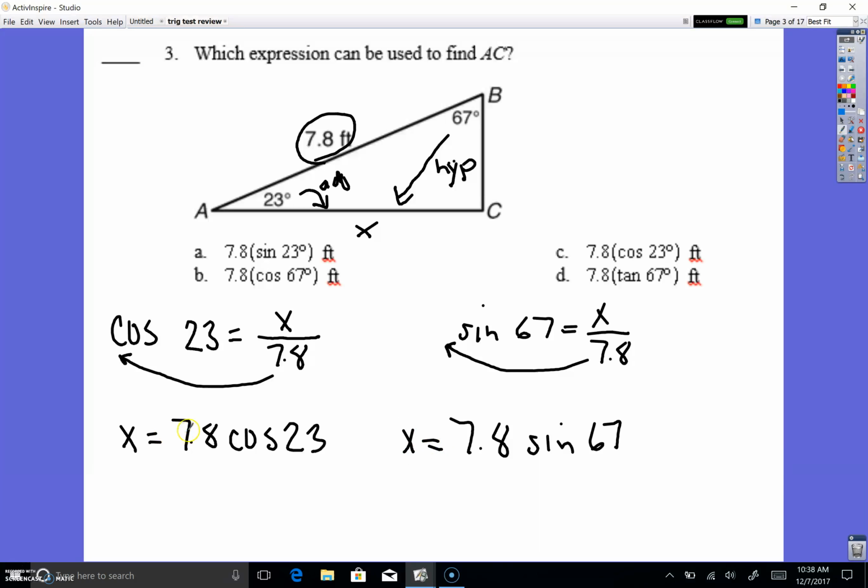Now, I'm going to look for these answers. Okay, x equals 7.8 cosine 23 is here. 7.8 sine 67 is not here. Okay, so this is going to be our answer right here, okay?